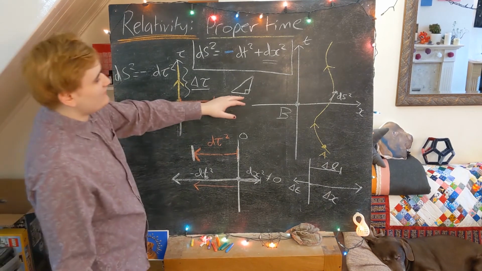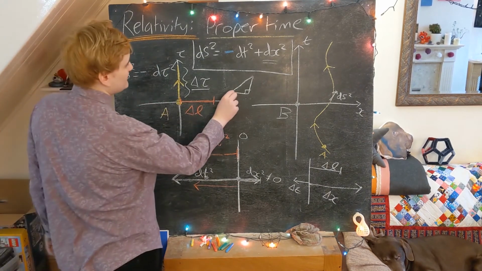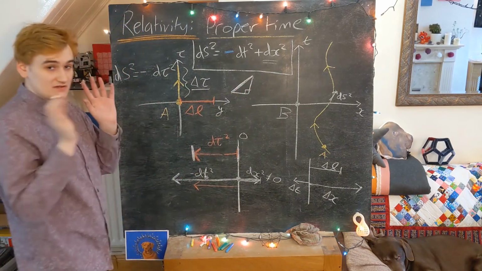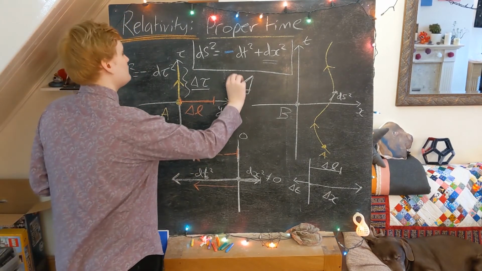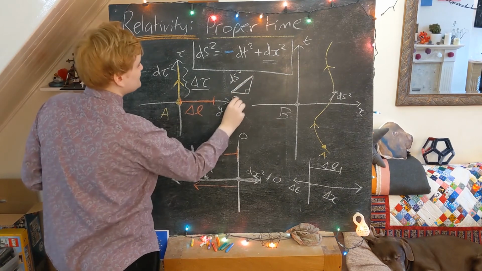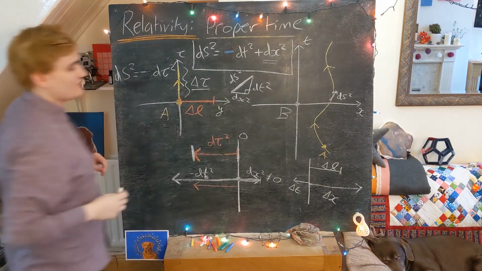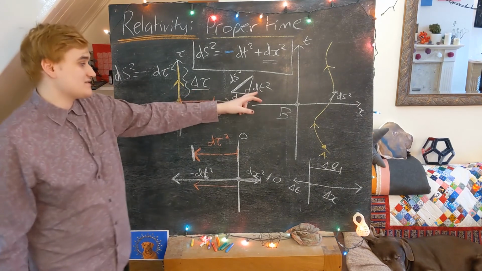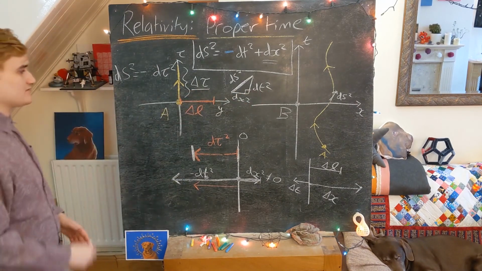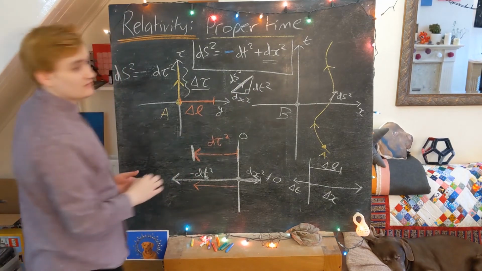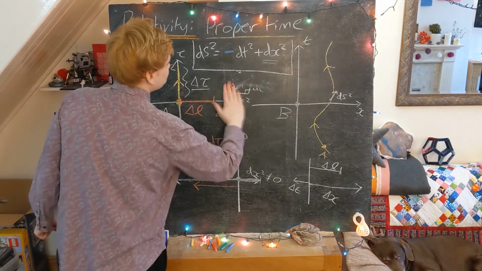Now we should be really careful not to use our Euclidean reasoning to visualize these components, because our Euclidean brain wants to view the components in this way. But we need to remember that we're actually subtracting this dt component, and so this picture is not correct.